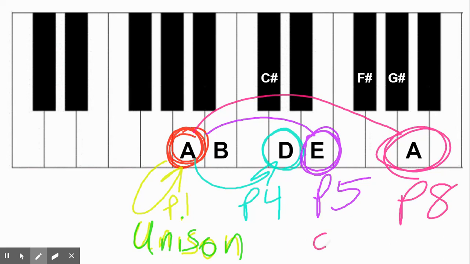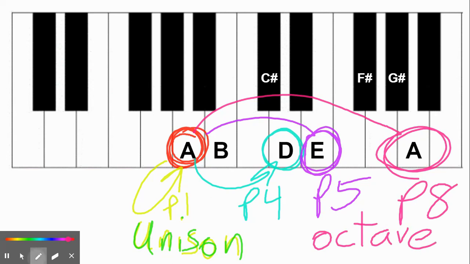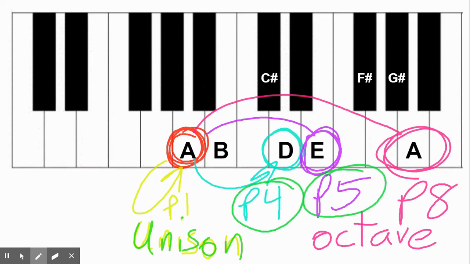And you can also just call that an octave. You don't have to say perfect. In fact, piano tuners themselves don't always say perfect fourth or perfect fifth. They'll just say fourth and fifth, and it will be implied that it is perfect.